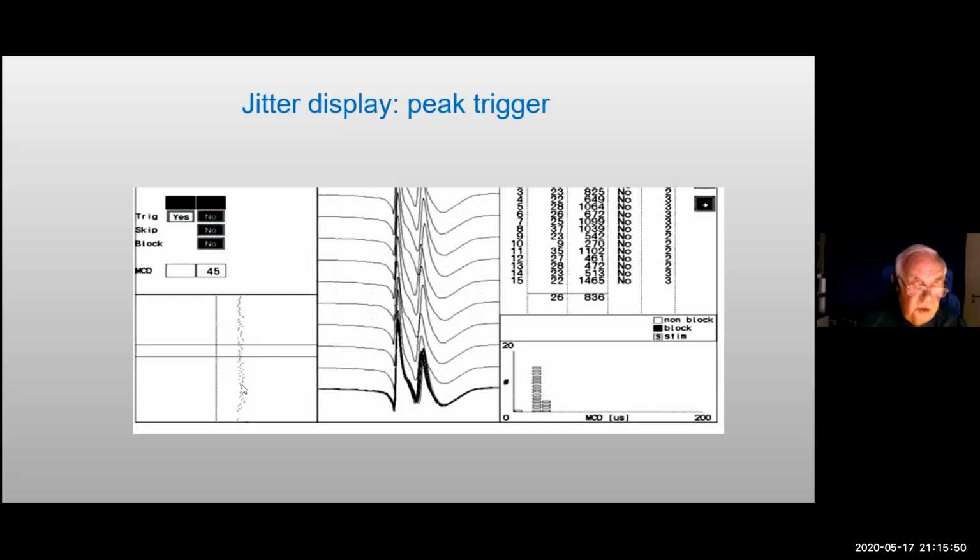So it is similar, but now the jitter is on the x-axis. In the previous, it was on the y-axis. This is what I'm mostly accustomed to, and then we measure jitter values and so on.